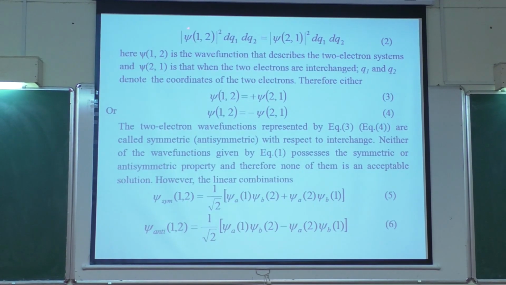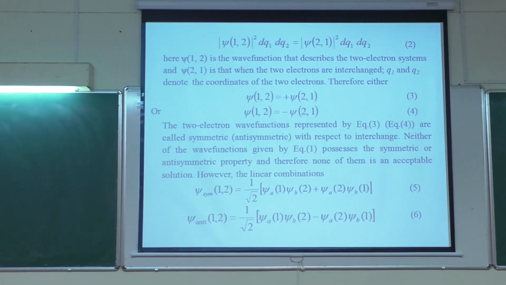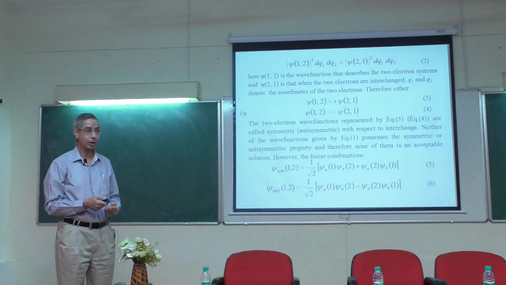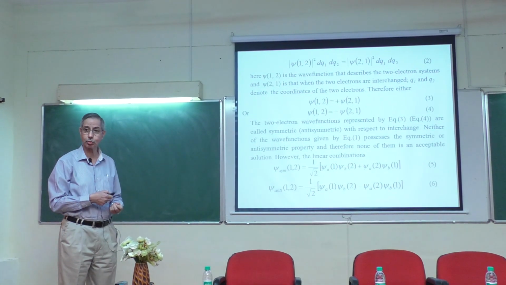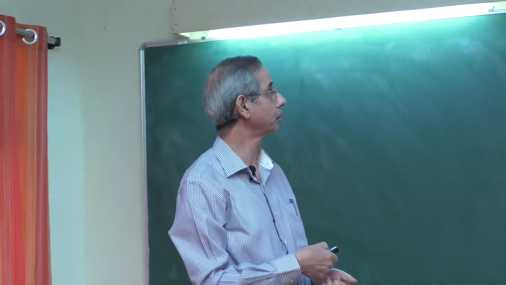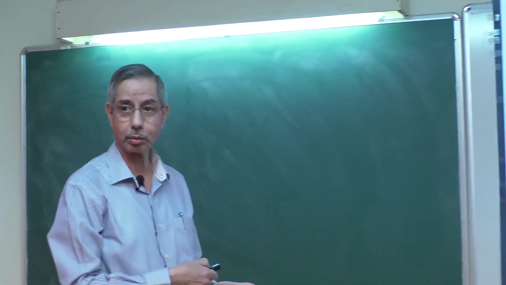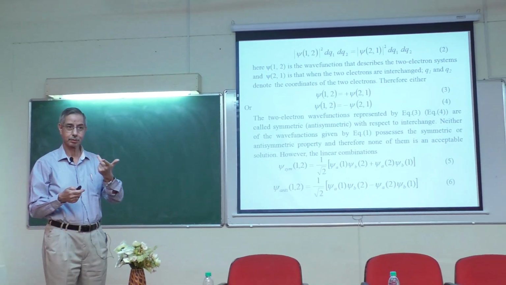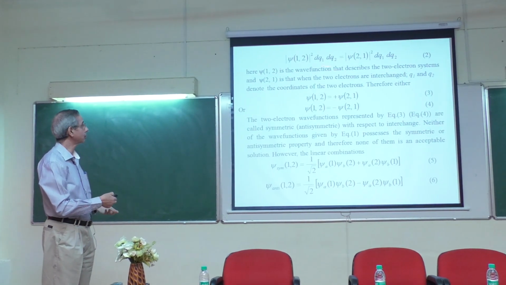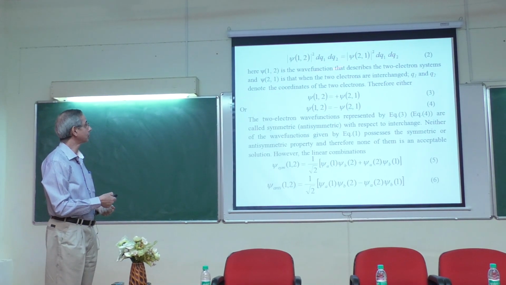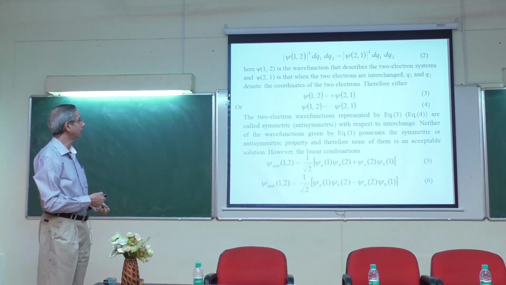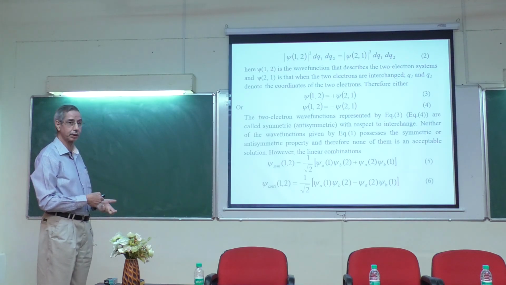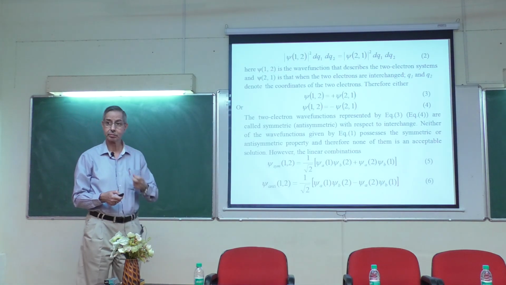This is the probability of finding two electrons, 1 and 2, in the volume element dq1, dq2. That should be equal to the probability of finding the two electrons with the labels reversed, because they are indistinguishable. Once this relation is satisfied, it immediately follows that psi 1,2 can be either plus psi 2,1 or minus psi 2,1. Is this clear?